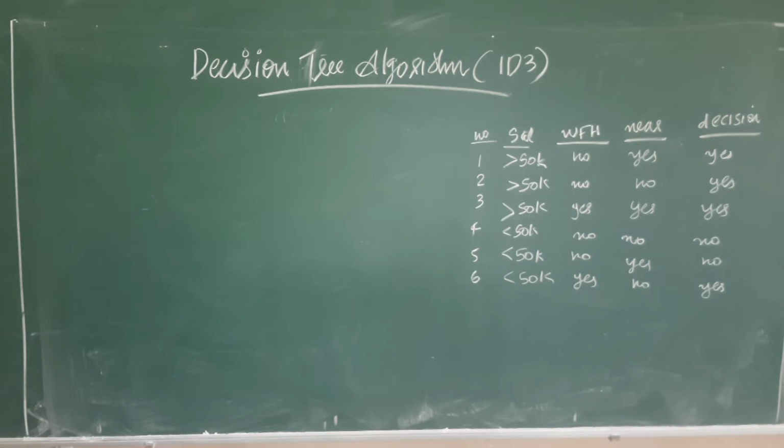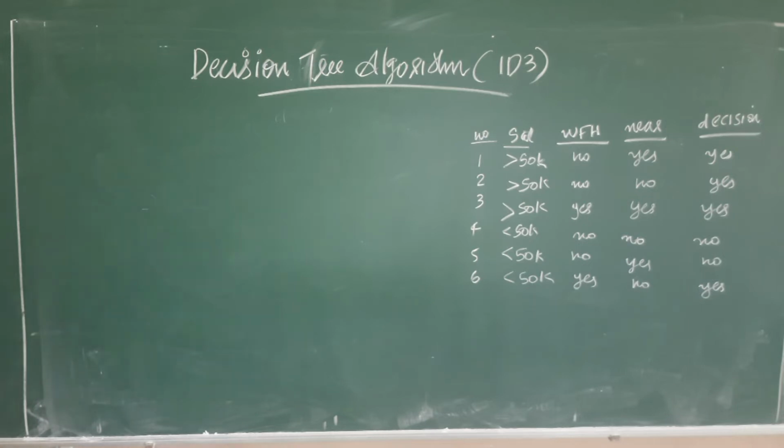For example, if the salary is greater than 50k, he will be accepting the offer, whatever the situation regarding work from home. If the salary is less than 50k, he will be choosing either if work from home is available or if the office is very close to home, something like that. Okay, so this is the data set that we have.